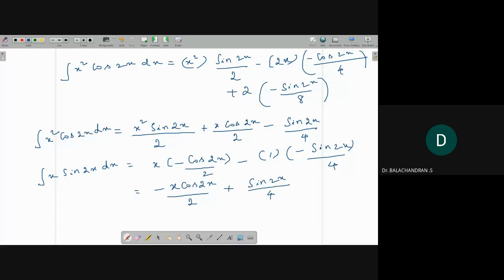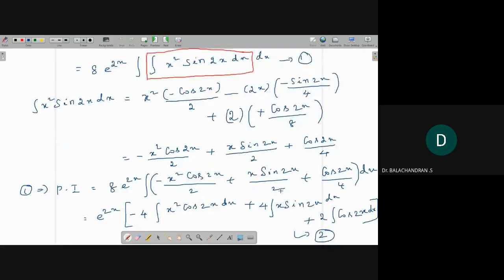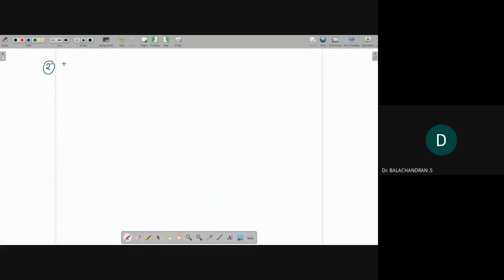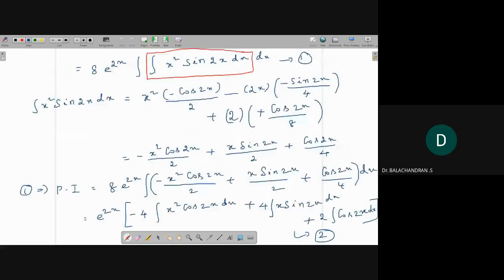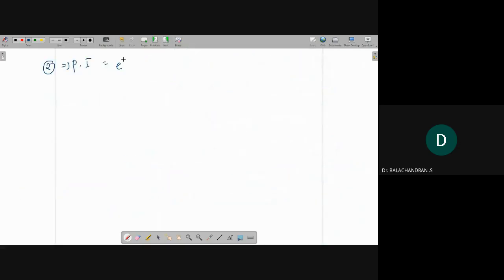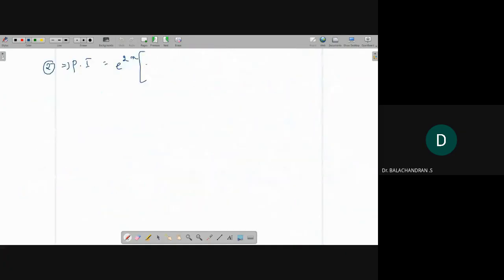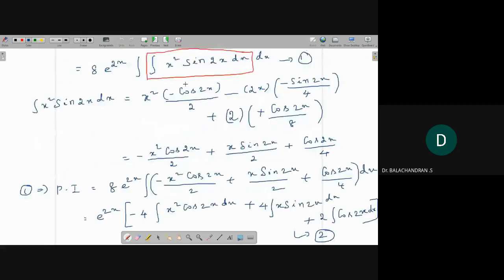Now equation 2 implies pi equal to e power 2x into minus 4 into integral x square cos 2x dx.